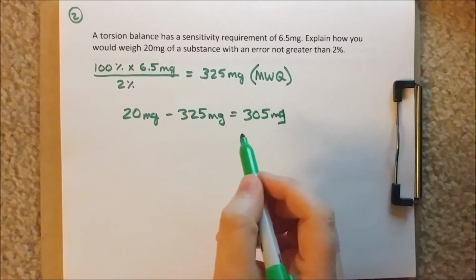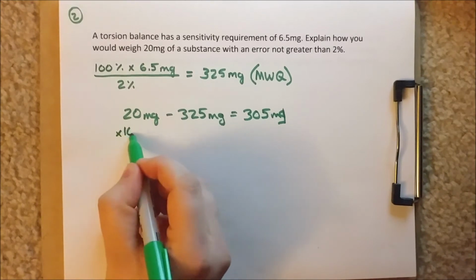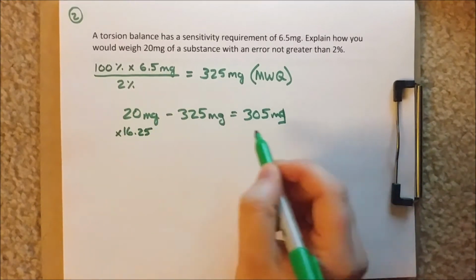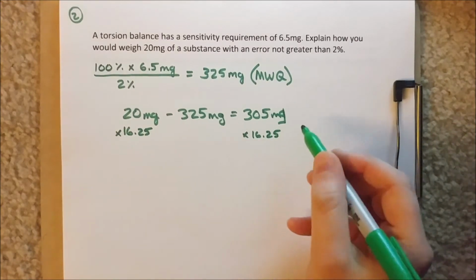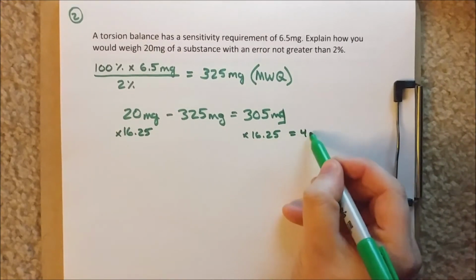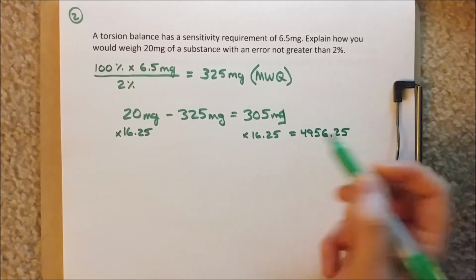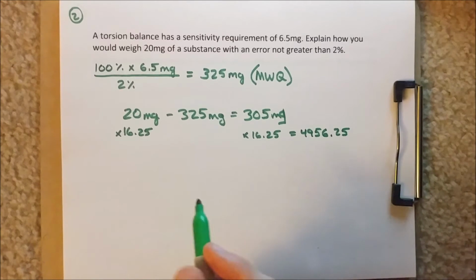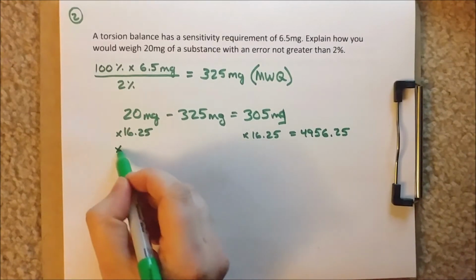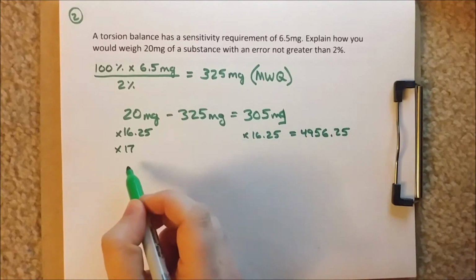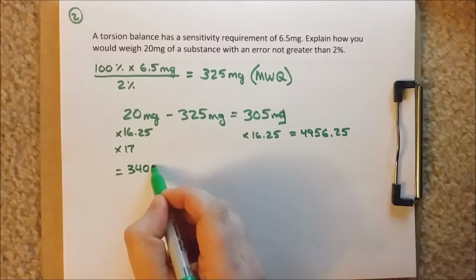So 20 into 325 is 16.25. But for our diluent, that would equal 4956.25. I don't like using decimals here because it might be difficult to measure that on a scale. So I go up to the next nearest whole number, and that would be 340 milligrams of drug.